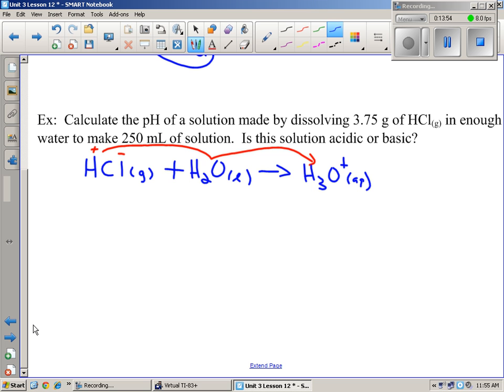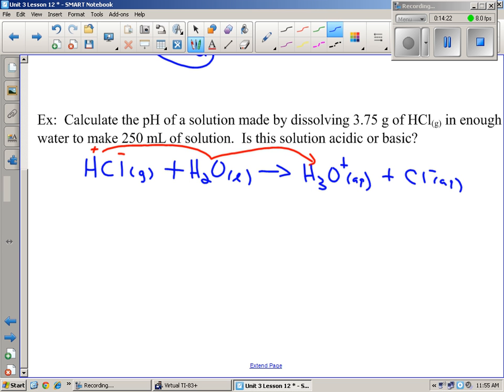Now you have an acid. What's left over? By the way, if you're doing any of these equations, they're all identical. The H plus attaches itself to water. We're making an acid. What's left over? Cl minus in this case. So we put down here Cl minus. Yes, Lucas? Yeah.